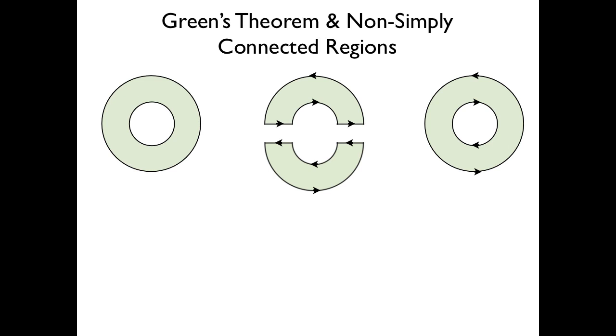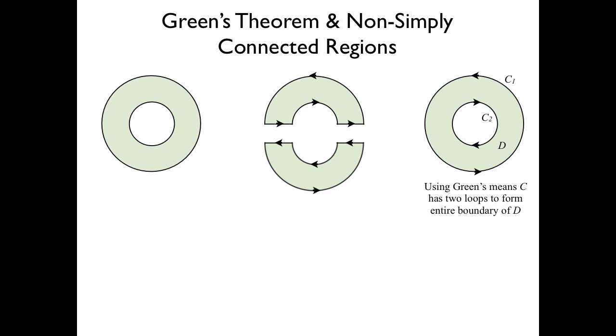So our region is D. And the boundary of the region is made up of 2 pieces, right? So we can't just look at C1 as the boundary.